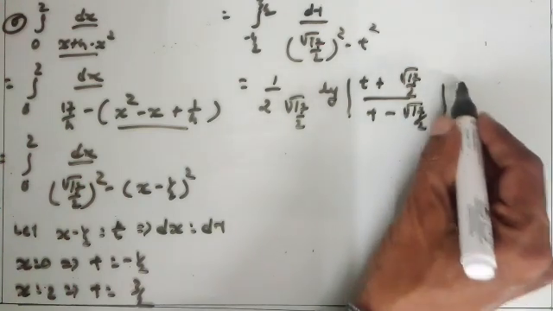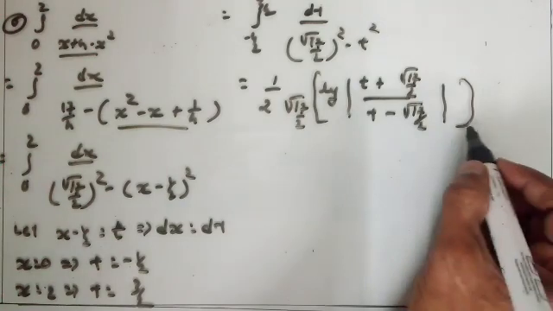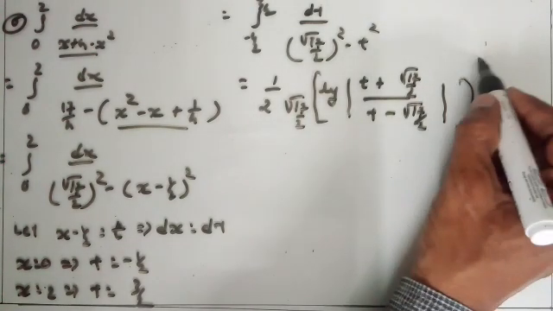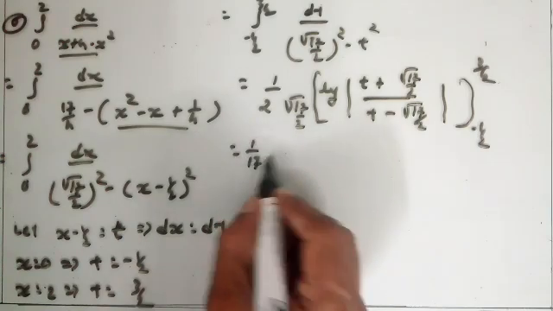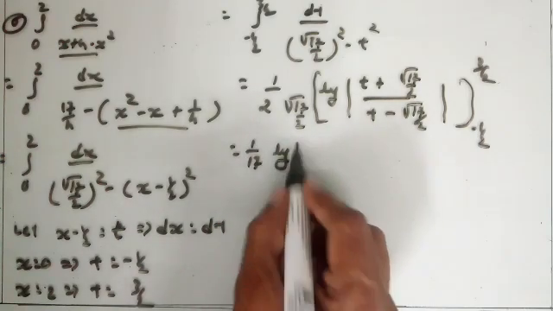Okay, and the limit is minus 1 by 2 to 3 by 2. So it is equal to 2 cancels, 1 upon root 17 log. Here simplify this.